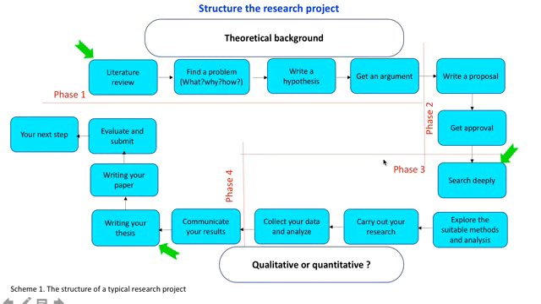Go back to this scheme. So you can see that you need to search the literature review. You need to have a literature survey at many points of your research work, here, and before starting to write your thesis.